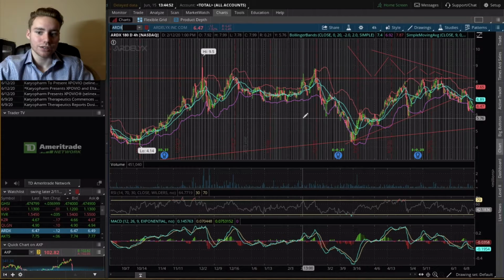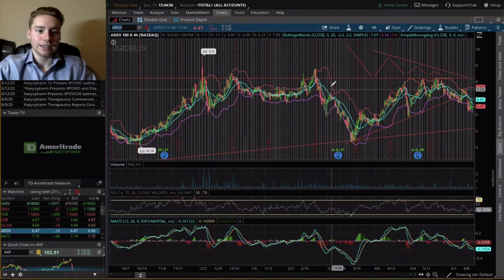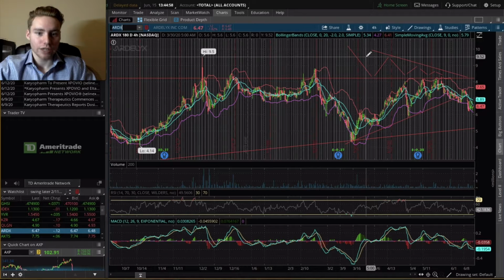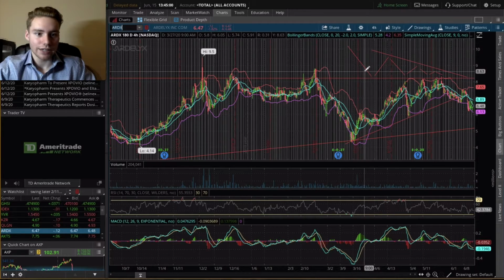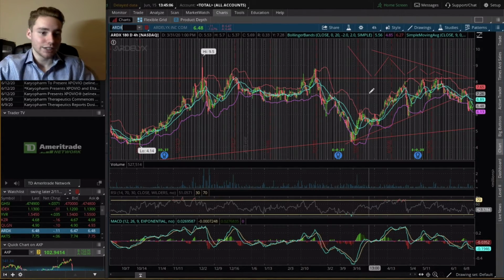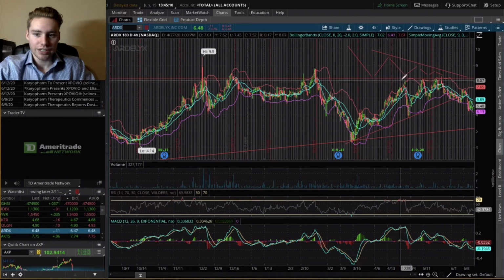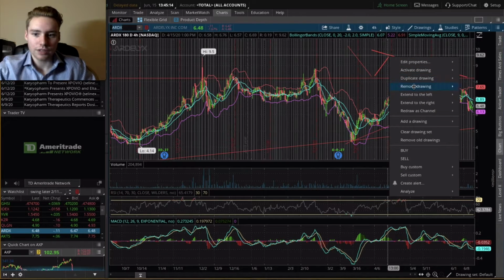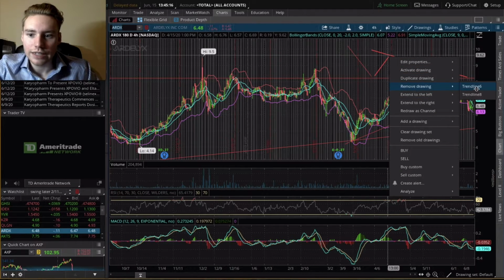It tends to signal a trend reversal, while a descending triangle from the downside would signal more of a continuation pattern. So, for example, and the same's true with rising wedges and ascending triangles. So here, I'll just delete this real fast.